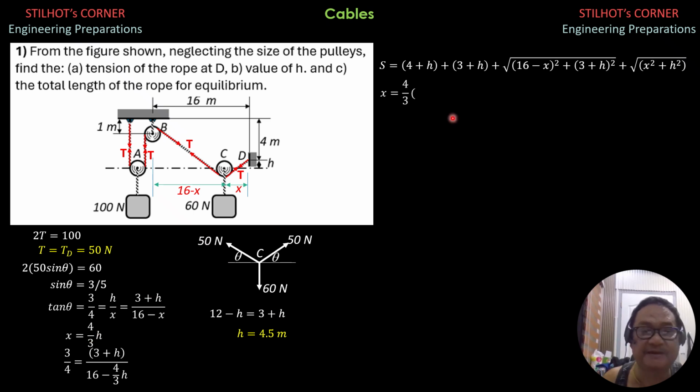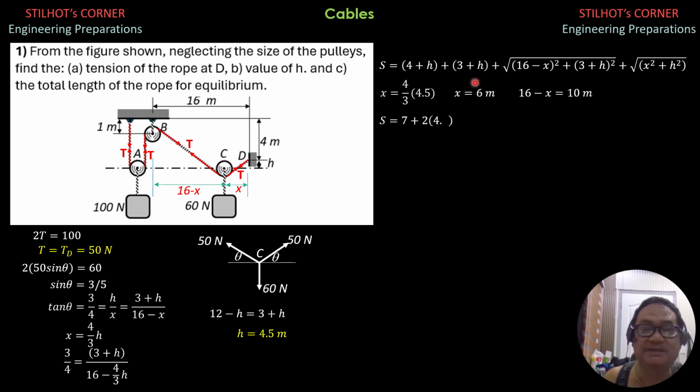of 4.5, and that is equal to 6 meters. And this 16 minus x is equal to 10. This 3 plus h is 3 plus 4.5, 7.5. So substitute in this formula for S. S is equal to 7 plus 2h.